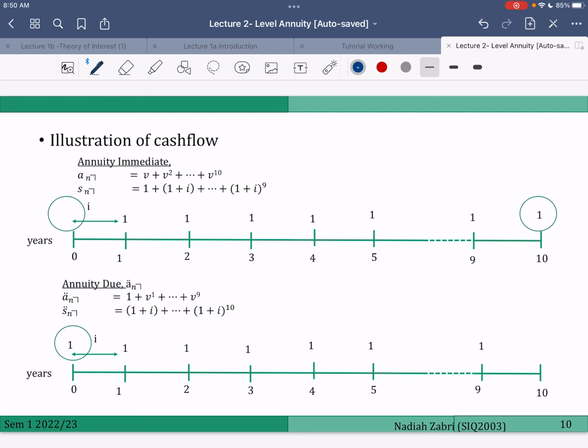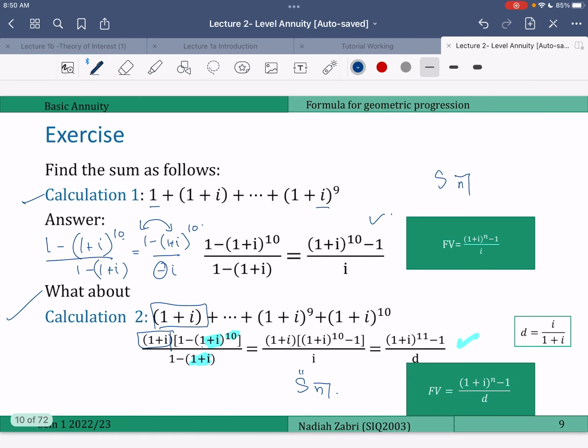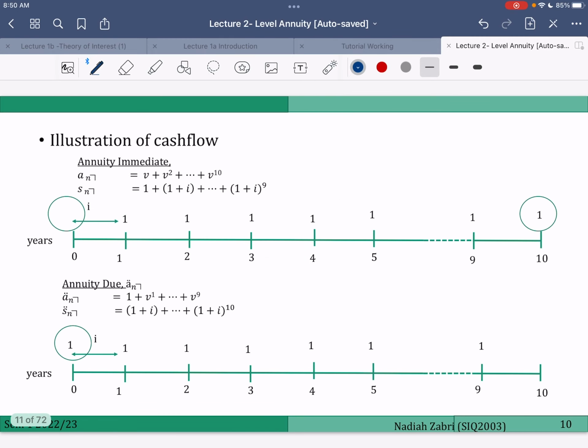So annuity due is also the same. The other calculation just now, we are actually doing annuity due, right? So this is the formula that we calculated just now with geometric progression. Let's see how we derive that from this illustration. We are also evaluating S double dot N at time 10.